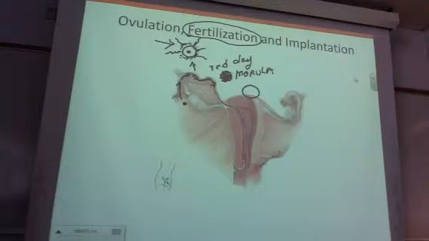Now, this continues to grow, and I'm going to have to write this one over here someplace. Fit it in here as best I can. This thing will continue to grow and hollow out, become a hollow sphere of cells that are probably starting about 100 and then going to hundreds of cells. And that then is called a blastocyst.